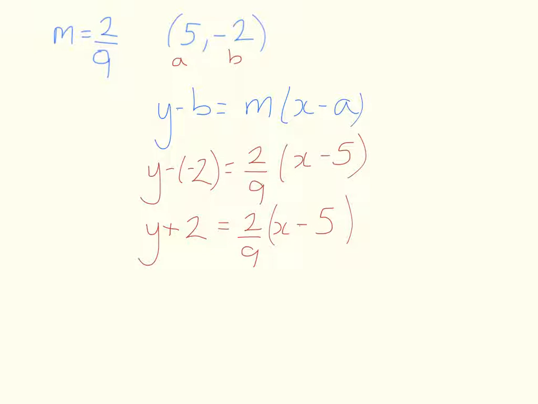So, there's a few options here. We could multiply out the bracket on the right hand side as normal, but we're going to get fractions, and although fractions are fine to work with, they can get a wee bit messy at times. So we are going to do a wee trick to get around this.